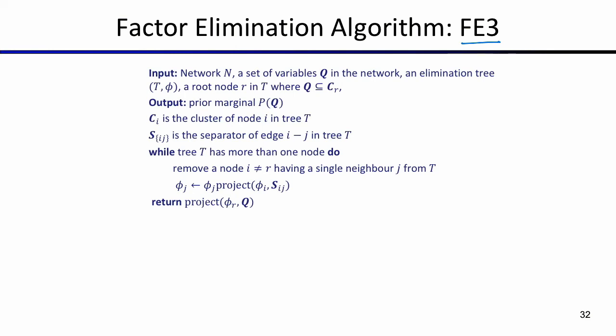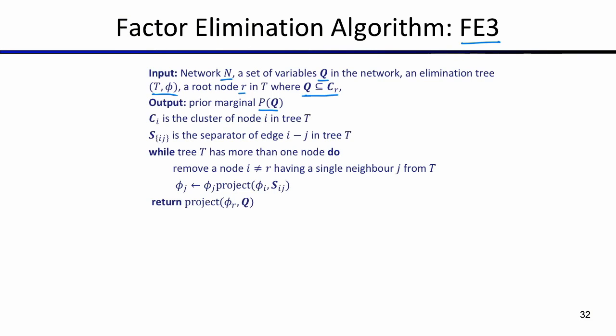So we have as input the network and the query variables Q, an elimination tree T, and also root node R, with the observation that the variables that belong to the query must be a subset of the cluster that we have at node R. And I'm going to answer the prior marginal P of Q, so we're still not dealing with evidence yet.